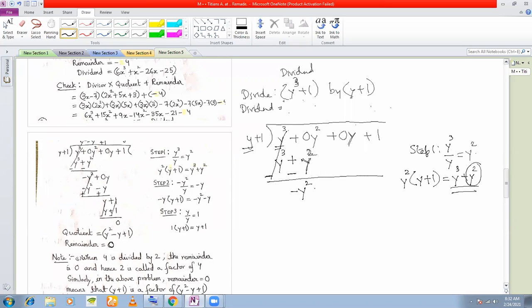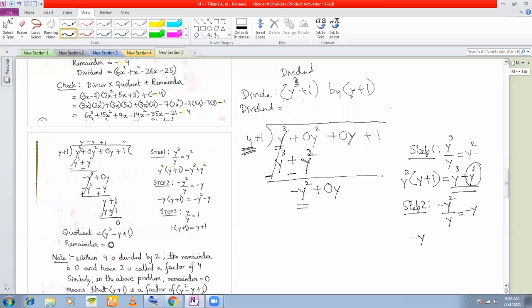Now what I'm going to do here is bring down 0 into y. Okay, now it's time for step 2. Look at the first term of this. You have a minus y square, so I write minus y square, with the sign because there's a negative sign there. I divide this again by this y here. So minus y square divided by y, I simply get minus y.